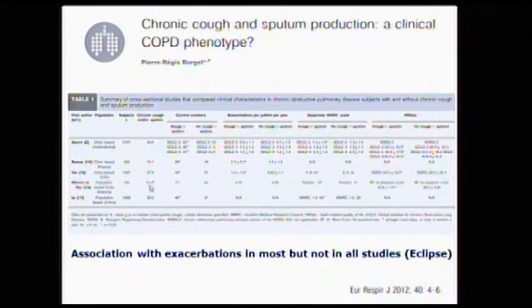This may be a little bit small to see, but it shows all the studies that have performed cross-sectional analysis of COPD cohorts according to the presence of cough and sputum production.